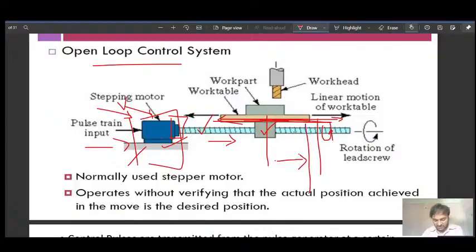As I have discussed, due to the inertia this table can stop before or it can go beyond the target position. So we do not verify that we have reached the target point. Generally, we consider that we have reached, but that is not the case, because in NC systems we are more careful about precision, because we don't want variation in the parts that will lead to rejection of the part.